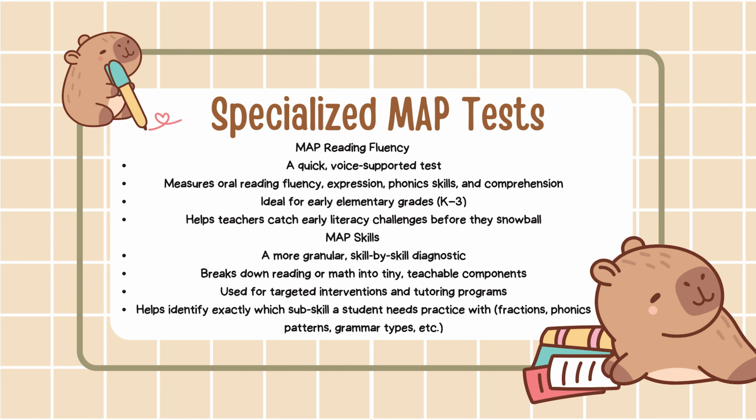It helps teachers catch early literacy challenges before they snowball. This is good for kids who are younger, or maybe your children or siblings who are struggling in school. It's better to find the problems they're having earlier on so that it's fixed and they're doing better in school sooner rather than later.